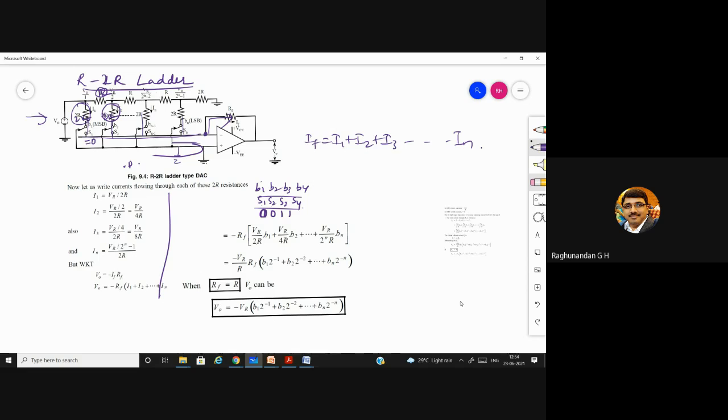So you'll be using only two sets of values. But in our earlier case, the binary weighted resistor DAC, we need to keep on changing the resistors. So this is one of the advantages. And the binary input length can be increased by just adding R to 2R sections. So however many bits you want, that many R to 2R sections you just need to add.